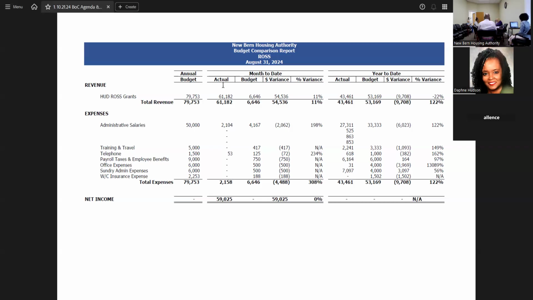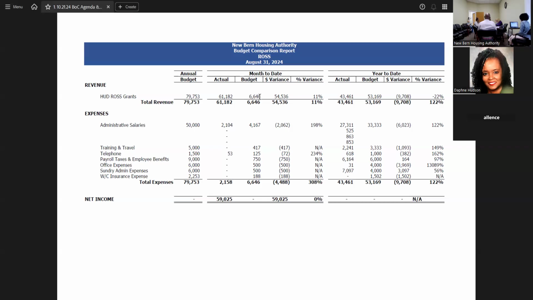So your 61,182 is the amount that was recorded as revenue for the month. It should be closer to the budget amount, which is the 6,600. But because that amount wasn't being recorded each month, I had to do a true up from all the months that had not been recorded.